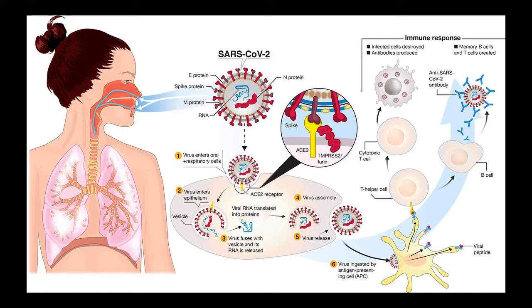First, there are two situations: one where we have the virus overwhelming our immune reactions, and another where our immune reaction is responding to the virus infection and controlling it.